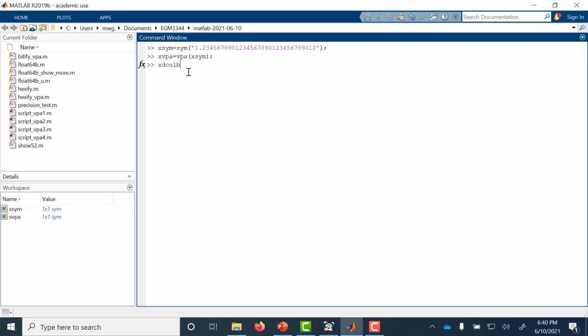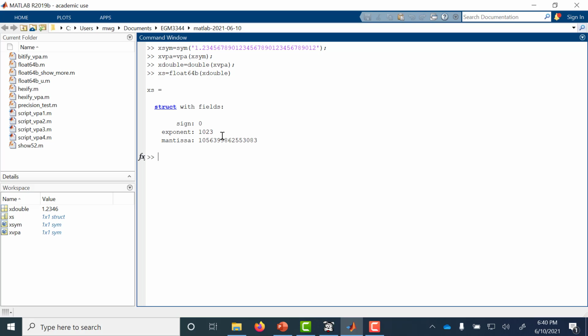And I want to go ahead and get a double float of that. I can do that with the double function on XVPA, like that. And I have a function in my workspace here, float64b, that will give me a structure of the double, and we should see some familiar things here, so I'll let that run.